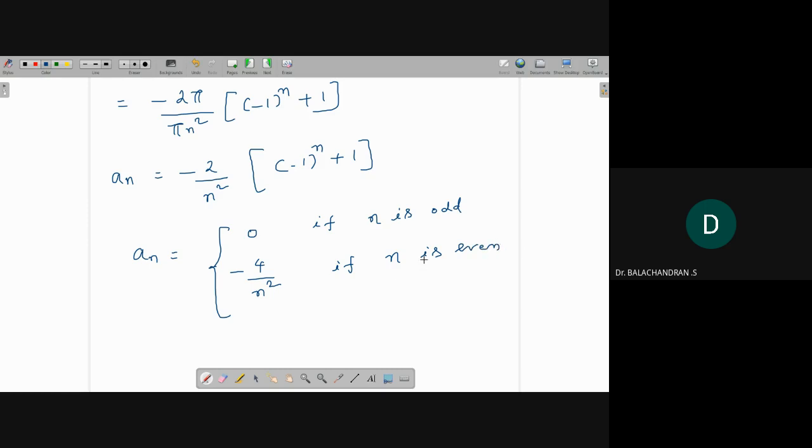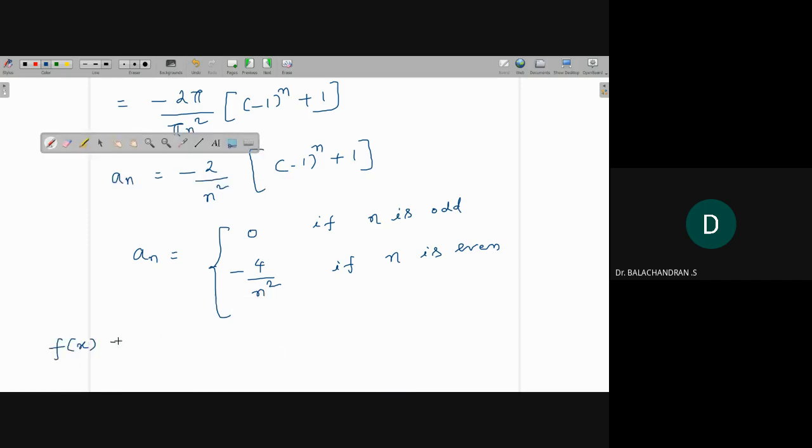Okay, so now we need to find f of x. What is f of x? f of x is equal to a naught by 2. What is a naught? Pi square by 3. So a naught by 2 is pi square by 6, minus 4 summation n equal to 2 to infinity, 2, 4, 6 up to infinity, because n is even.